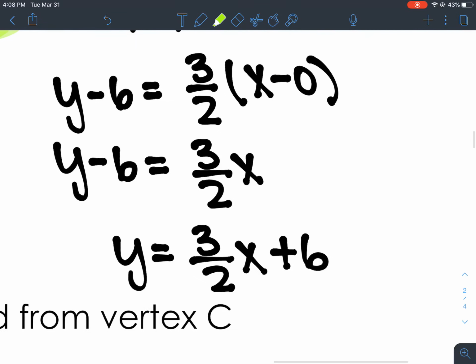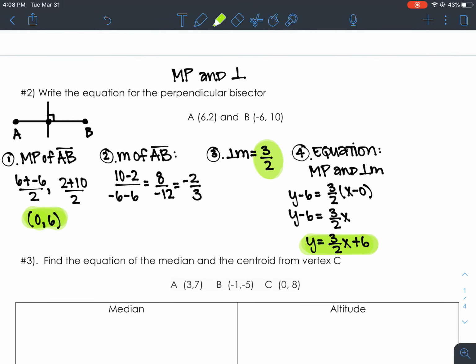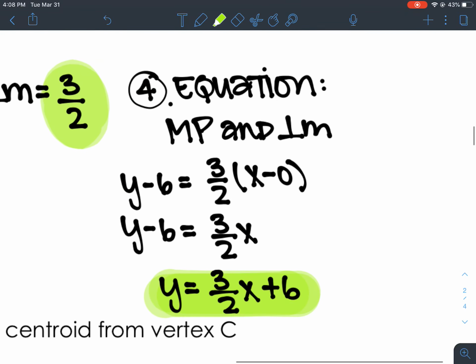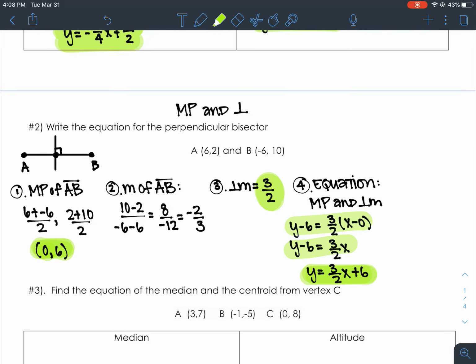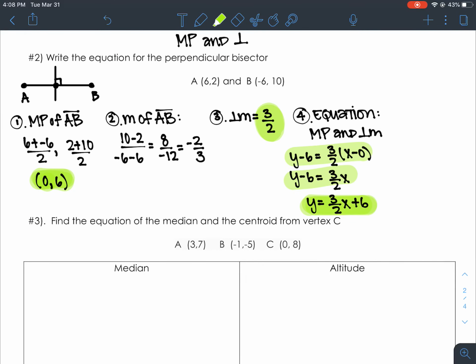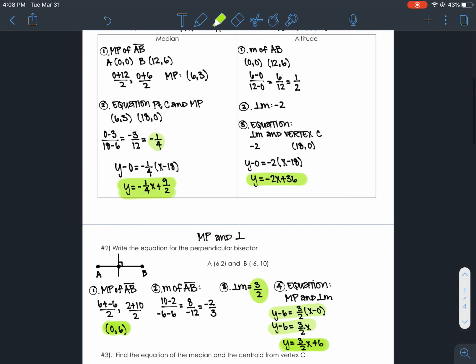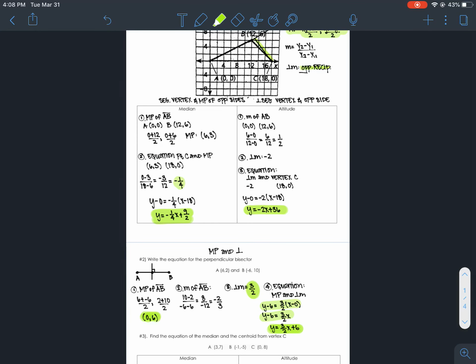And that's your final answer. What I was saying before is that if you recognize that that was a y-intercept, you literally could have skipped this portion and just jumped to y equals mx plus b, where b is your 6. So those are the 3 intro special segment equations.